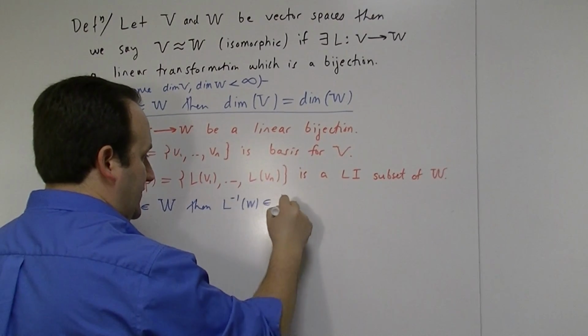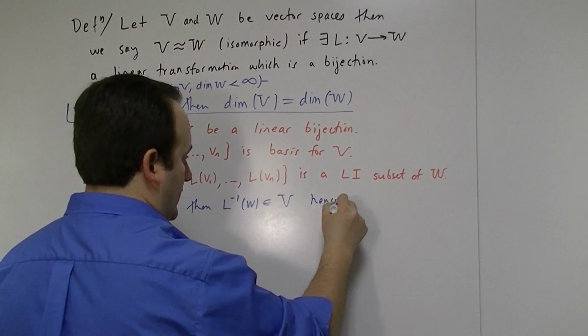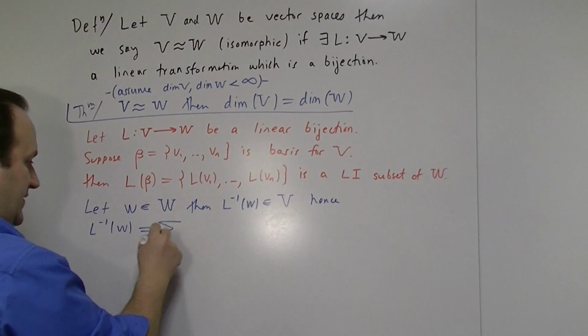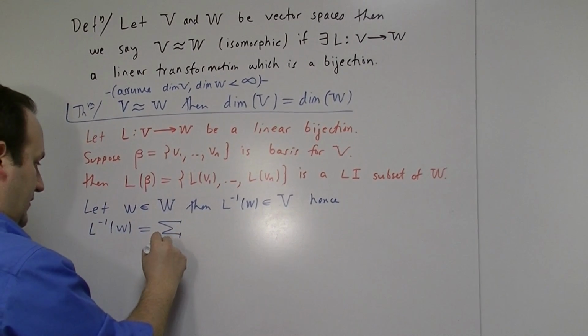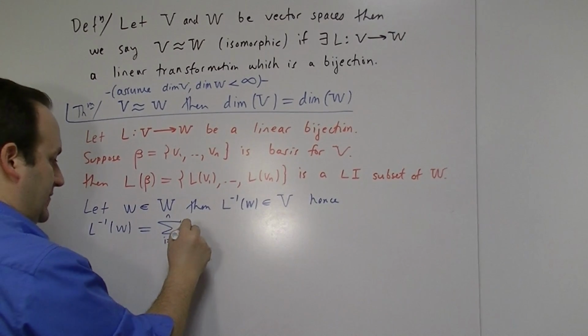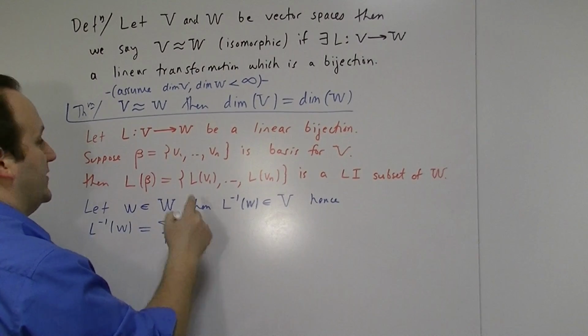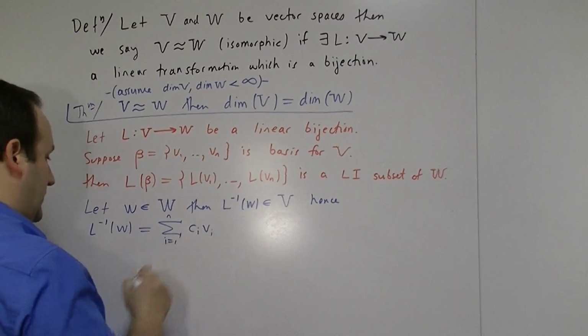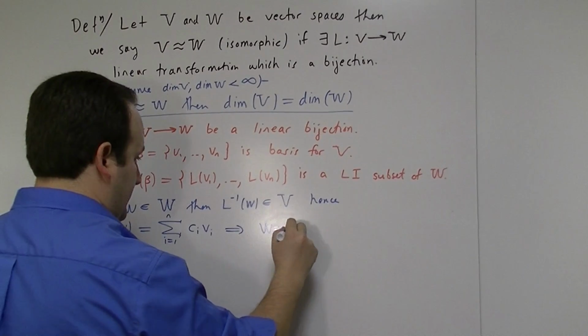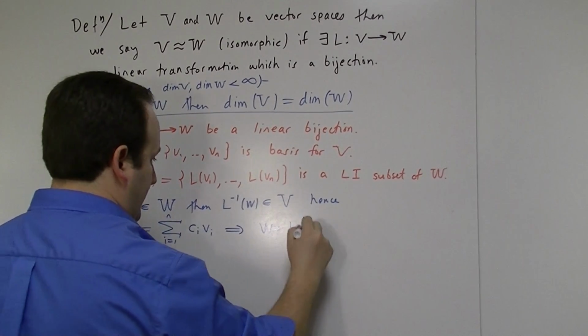V. Yeah, that's an element of V. Hence, L inverse of w is equal to the sum, i equals 1 to n, of some numbers, let's call them c sub i, times v sub i. And so that implies then that w is equal to L of that, right?